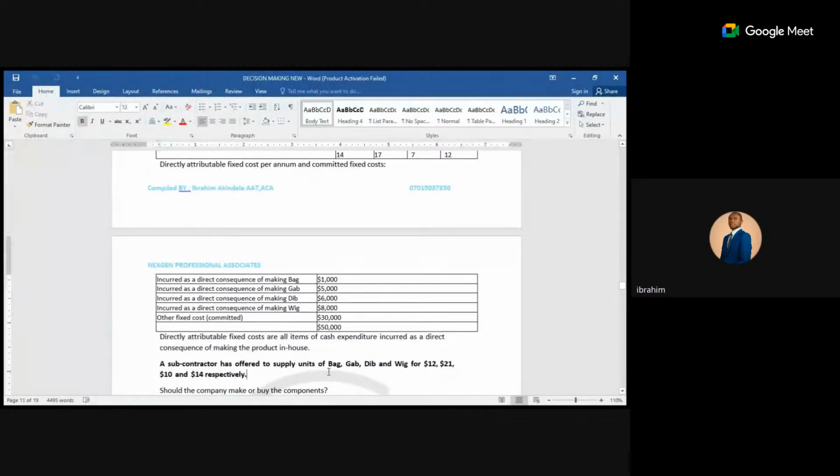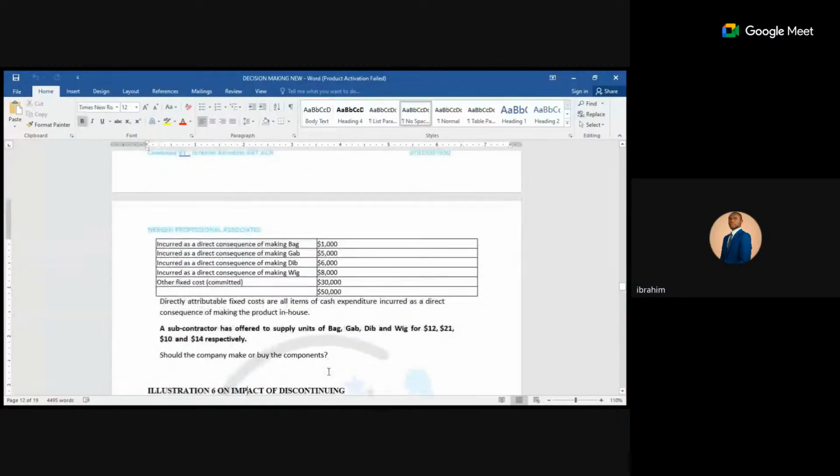So we have here a subcontractor who has offered to supply units of bag, gap, dip, and wig. Can you see? A supplier is willing to supply at this rate, which is 12 naira per unit. You have to be very careful here.